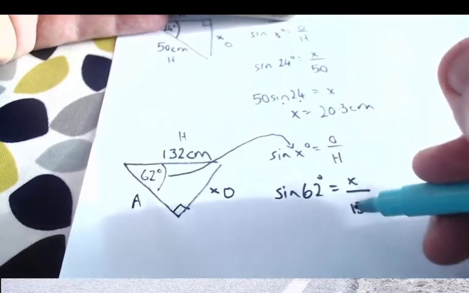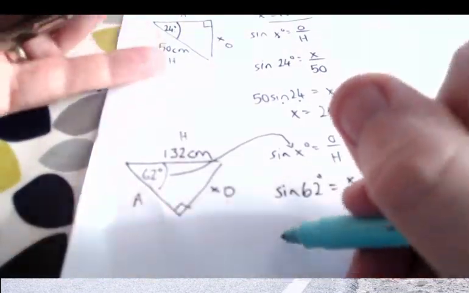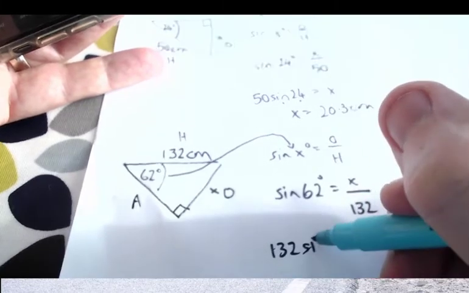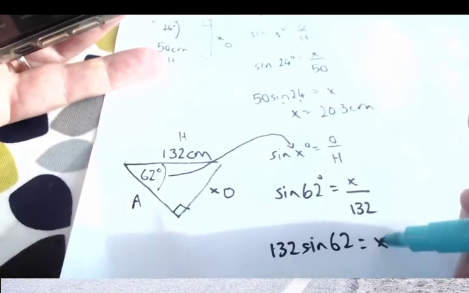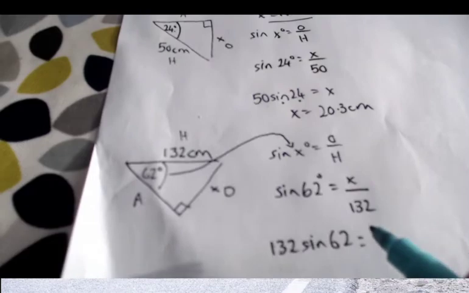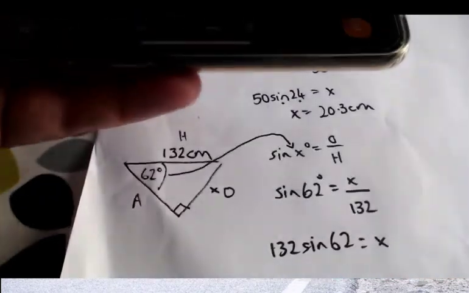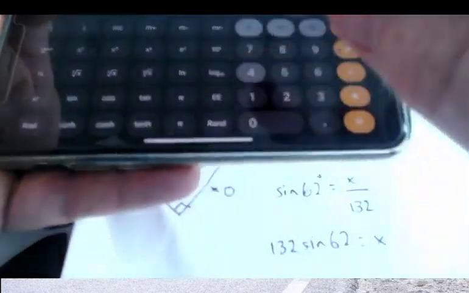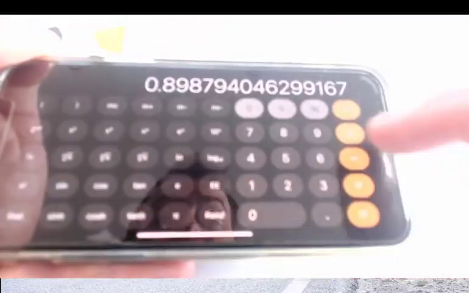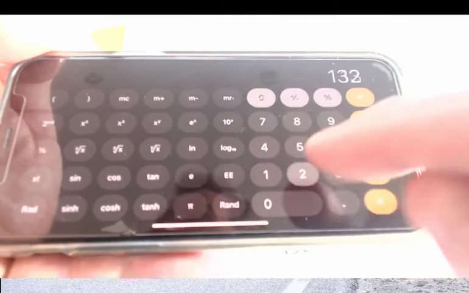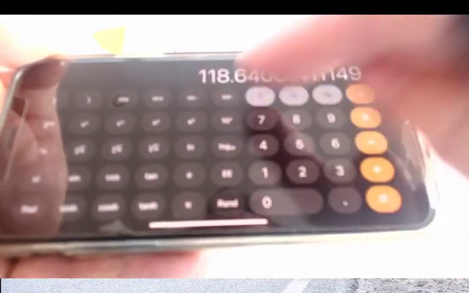Move the 132 up here. And then we're going to type this in reverse on the phone calculator. 64 sine times 132. That gives 118.6.